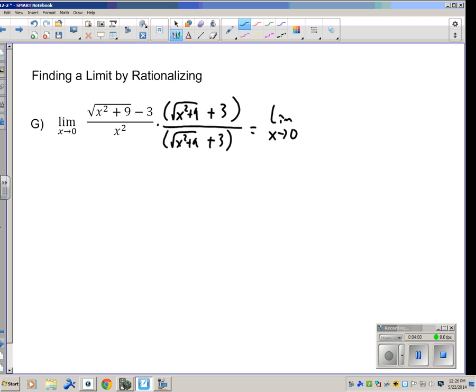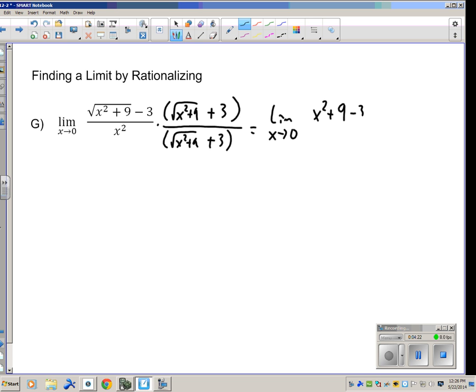So let's go ahead and FOIL this out. The square root of x squared plus 9 times the square root of x squared plus 9, when you multiply those, you end up canceling those two out, so you just get x squared; the square root part cancels out. And we've got middle terms, but notice what happens with them.